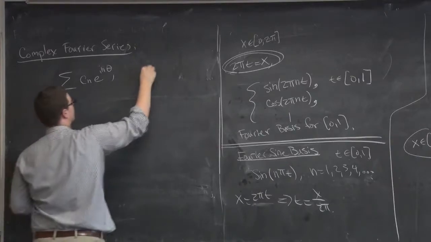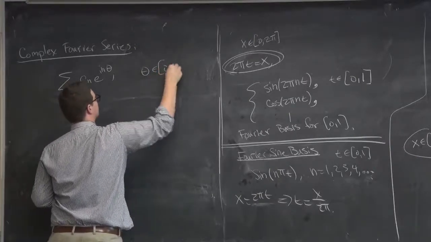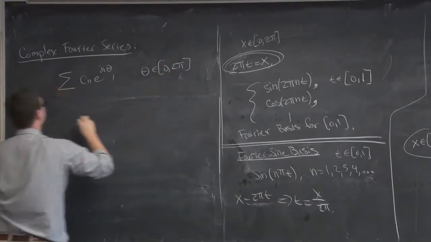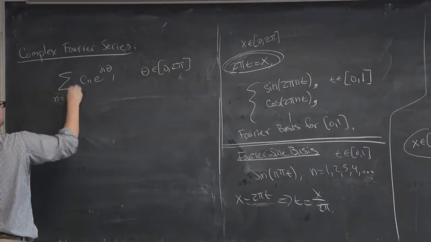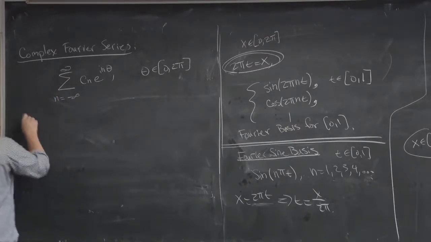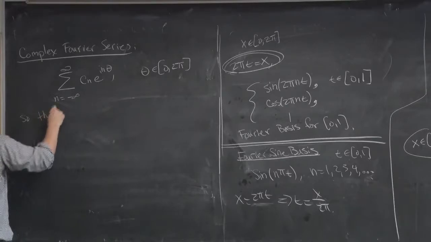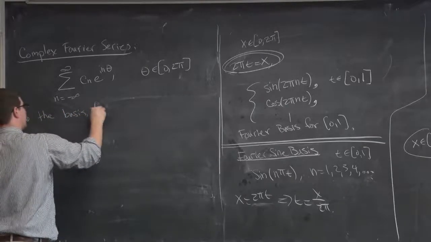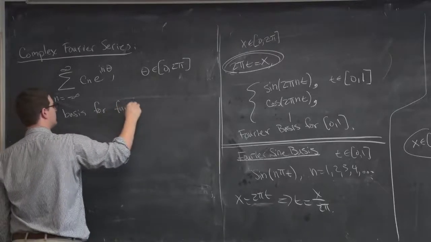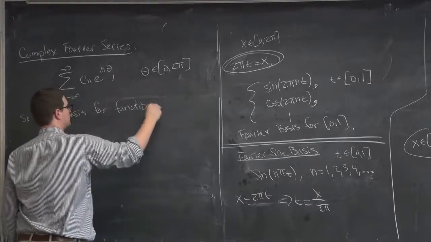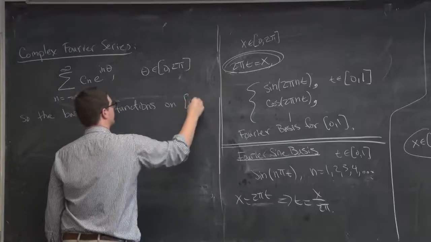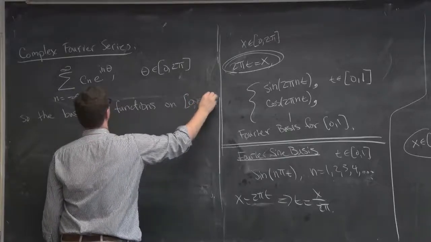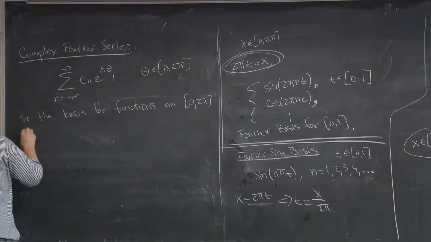So you can say theta is in 0 to 2 pi. And n goes from minus infinity to infinity. So the basis for functions on 0 to 2 pi is this collection.